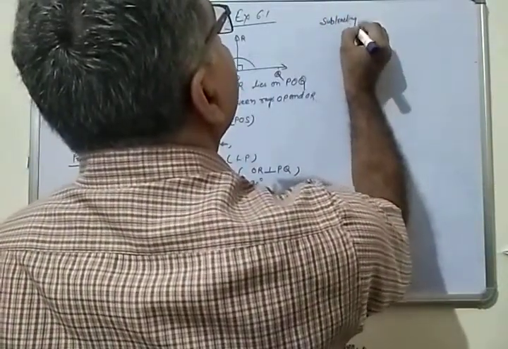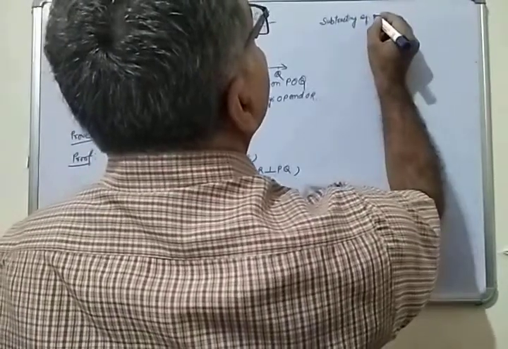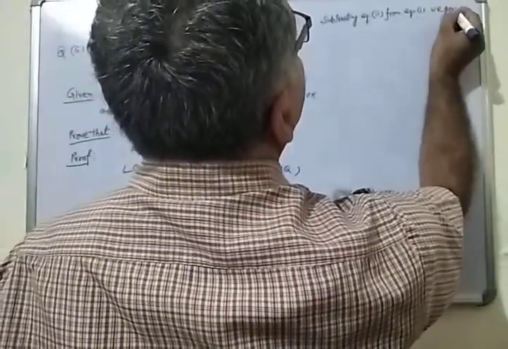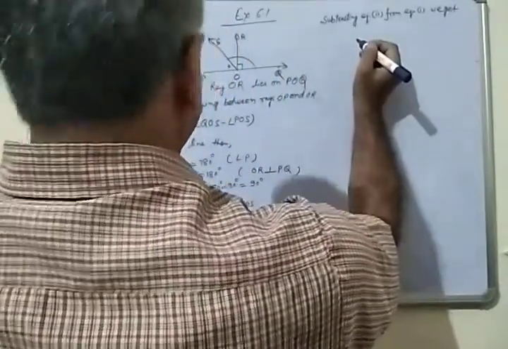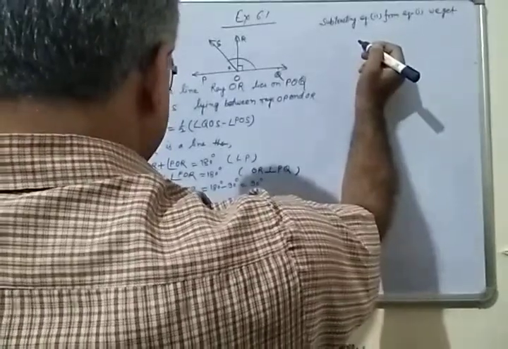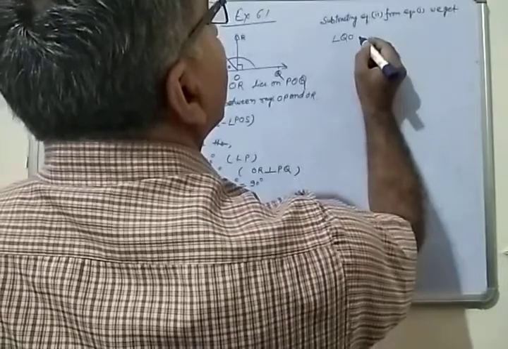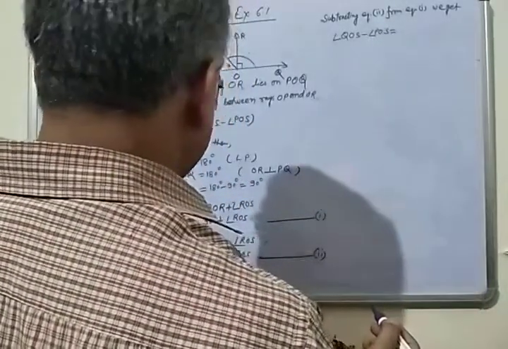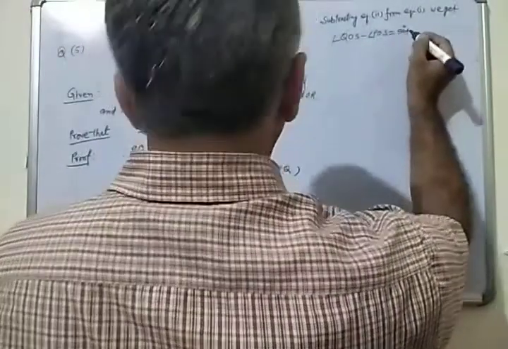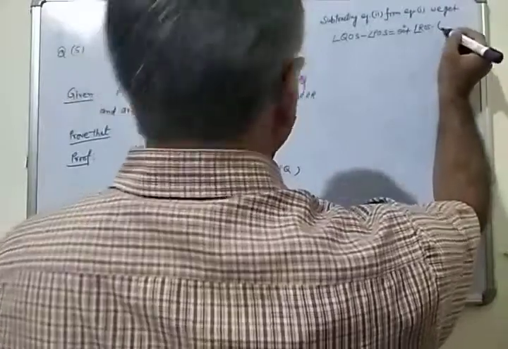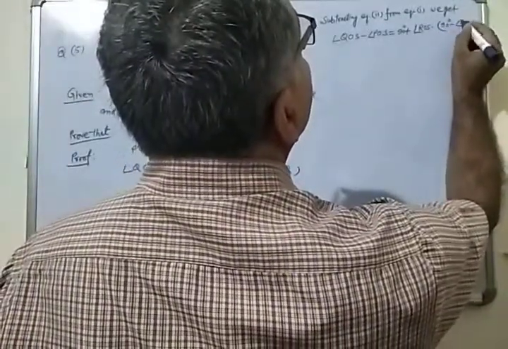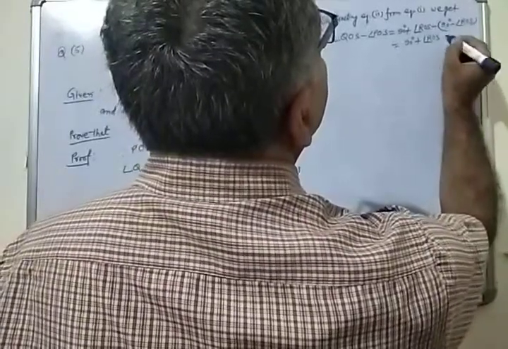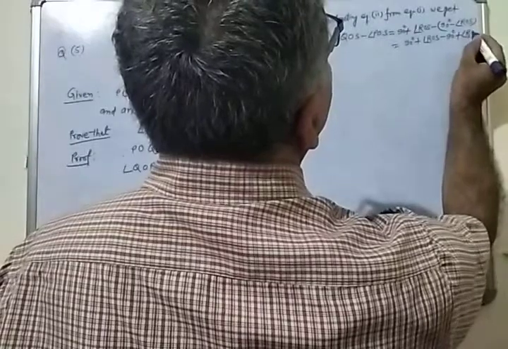Subtracting equation 2 from equation 1, we get angle QOS minus angle POS on the left-hand side, and the right-hand side is 90 degrees plus angle ROS minus 90 degrees plus angle ROS.